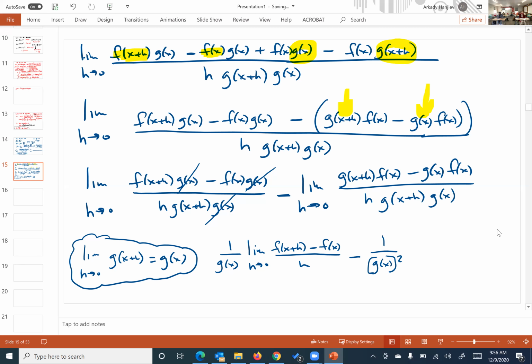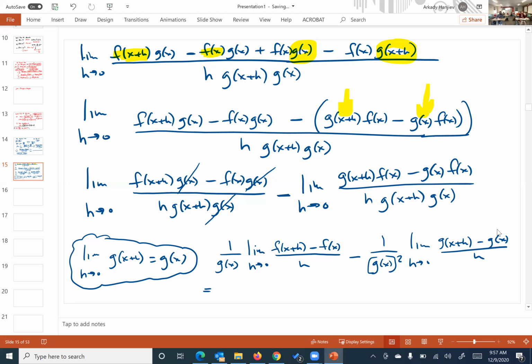I got 2 of them. It's the same exact piece there. I'm going to limit as h goes to 0 of g of x plus h minus g of x over h right there. I think I'm almost there. So this whole piece, the limit of f of x plus h minus f of x over h, that's just the derivative.